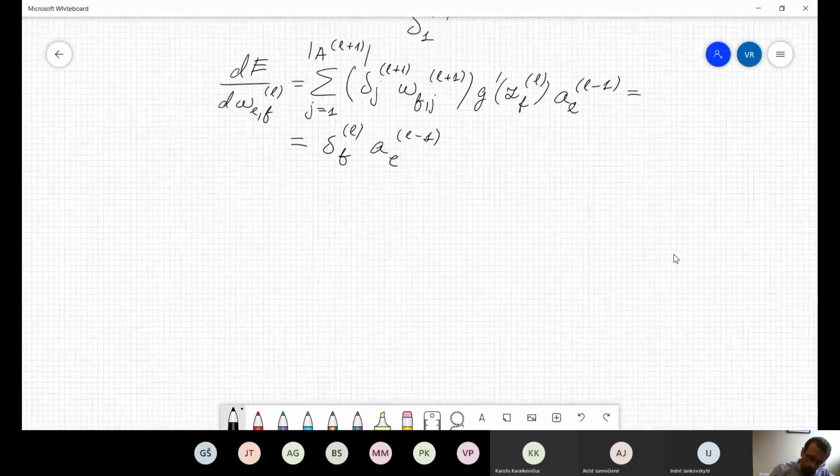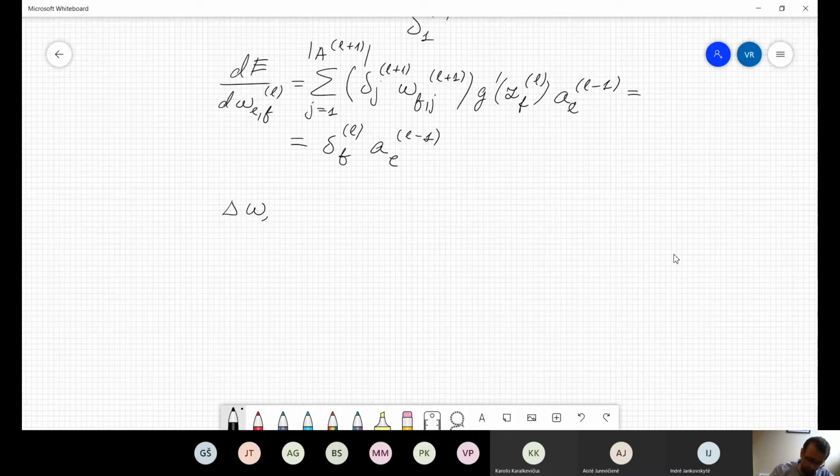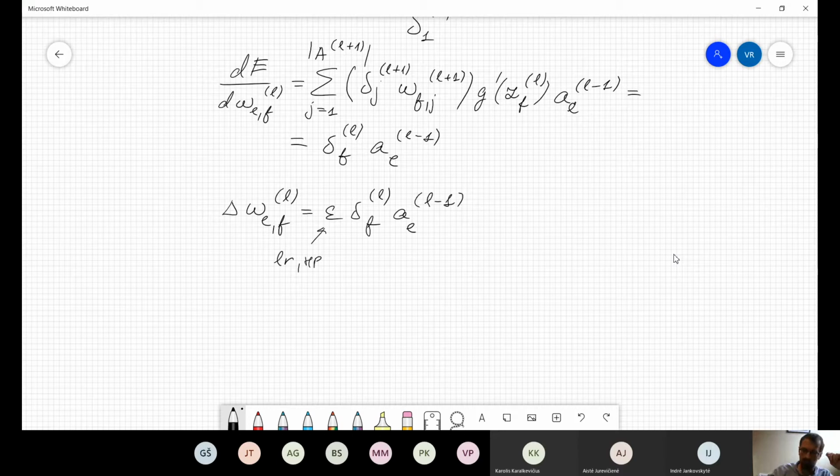Okay, so now the gradient itself of the weights W_ij on layer L is equal, again, to epsilon, the learning rate hyperparameter, times the delta on layer L, multiplied by the activation which goes into this weight.